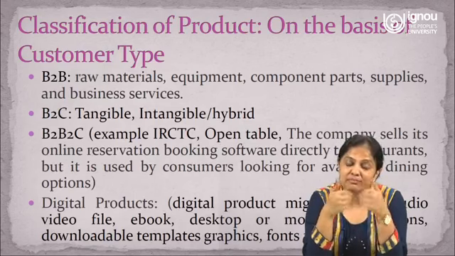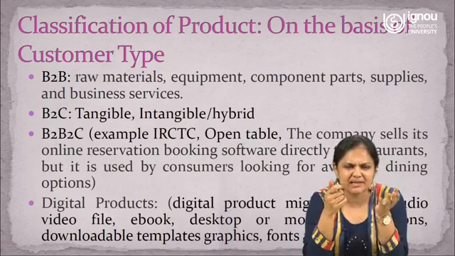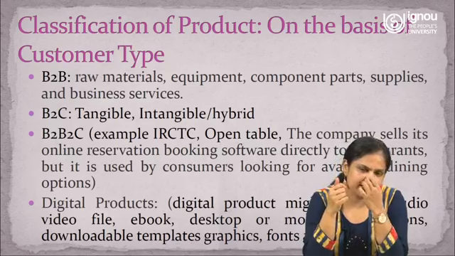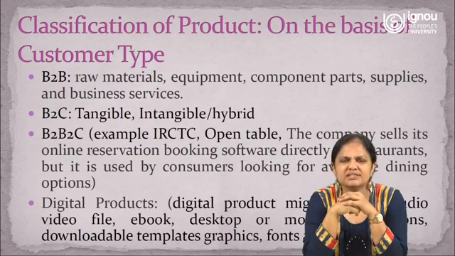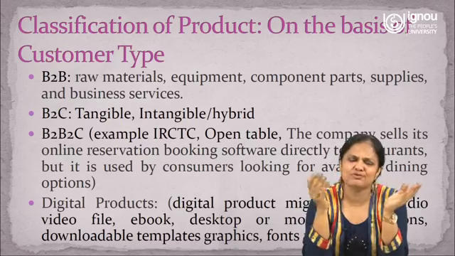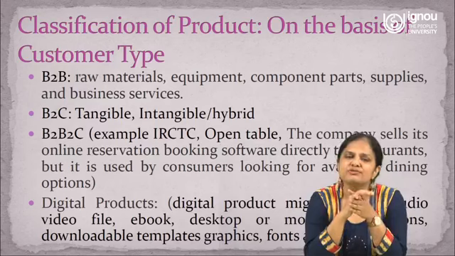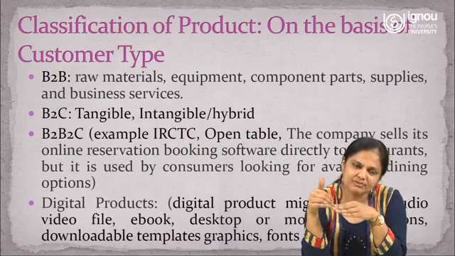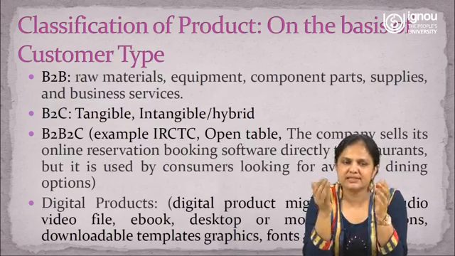Now they are more in demand. They include audio and video files, maybe electronic books, which are called e-books, then desktop or mobile applications, downloadable templates, graphics, fonts, PSD files, and so on and so forth. So these are digital products also, which are used both by final consumers and also by industrial or organizational consumers.